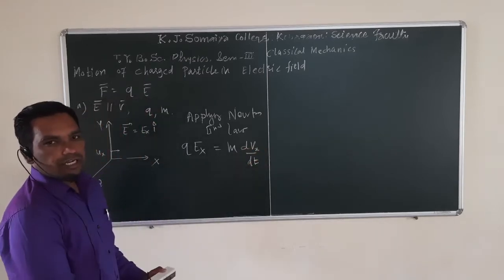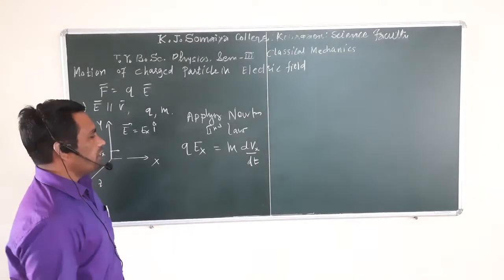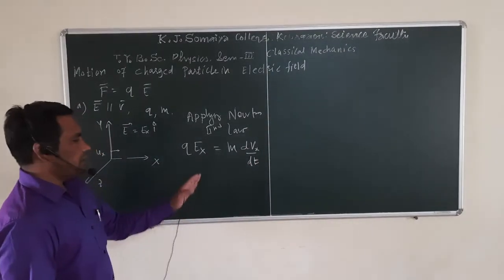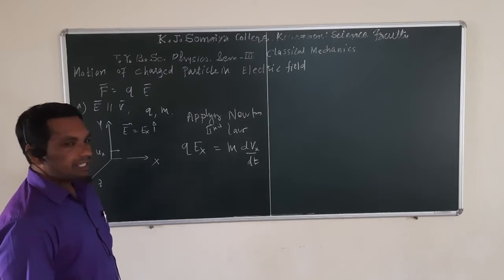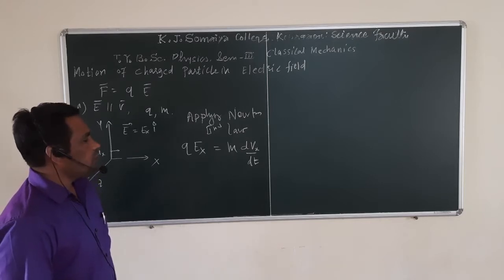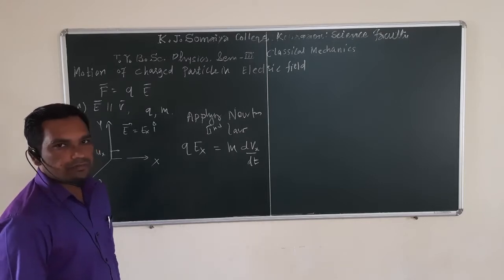So this is a linear homogeneous ordinary first order differential equation in terms of velocity. To find the instantaneous velocity, we have to solve this differential equation.